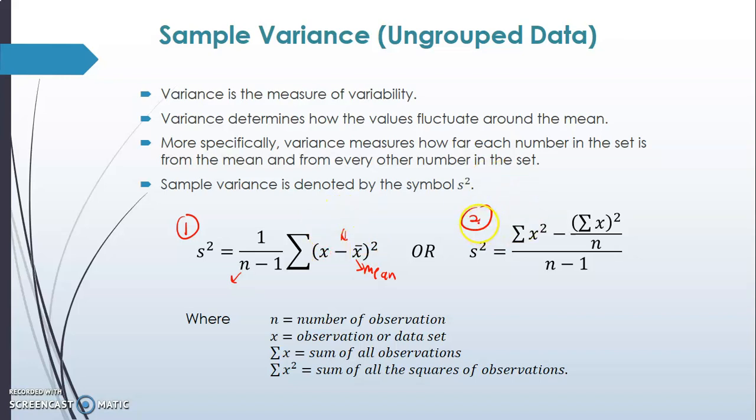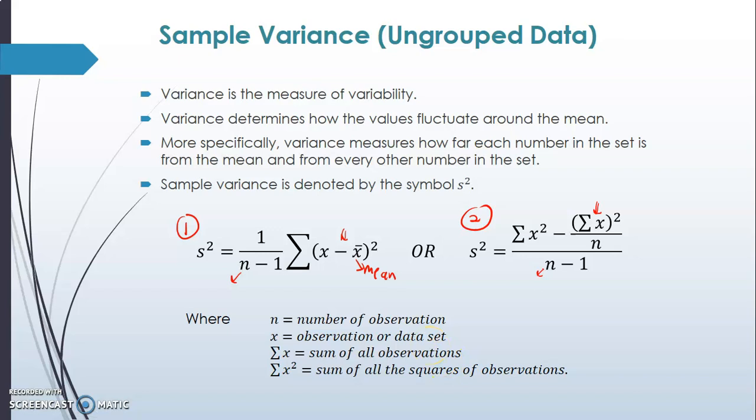As for the second formula, the formula is [total x square minus (total x) square over n] divided by n minus 1. N here also means the number of observations. Okay, total x here represents the sum of all observations. X is our observation.